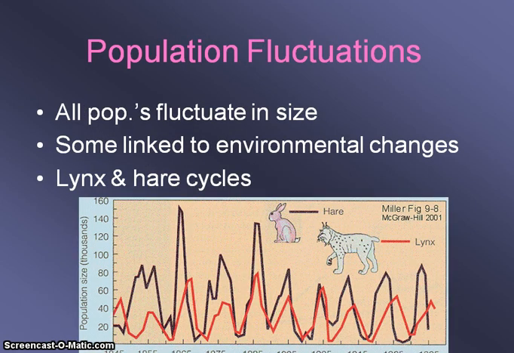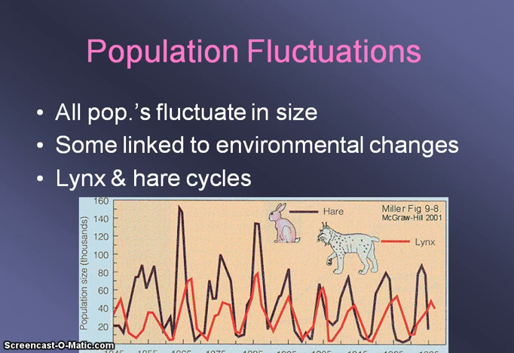Populations also have the ability to fluctuate in size. Some are linked to environmental conditions. One of the most common ones you'll see a lot on standardized tests are graphs of lynx and hare cycles. Lynx are predators to the hare. Perhaps there would be a drought and the hare would not be able to get as much grass to eat, so their population would decrease, and that in turn would cause their predators to decrease because they wouldn't be providing them with as much food.